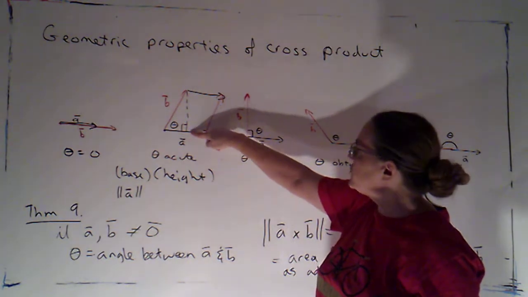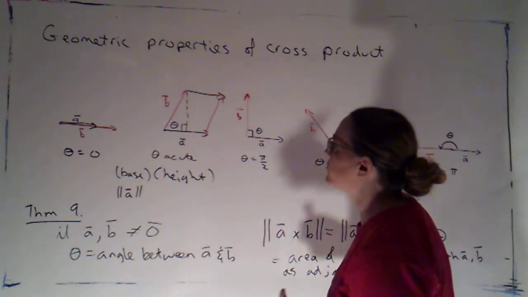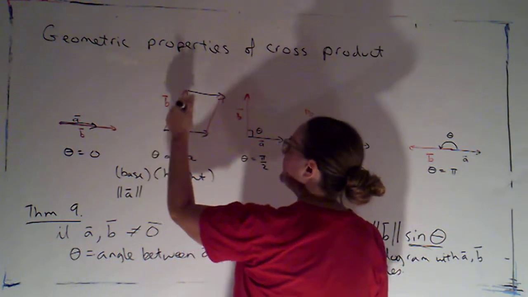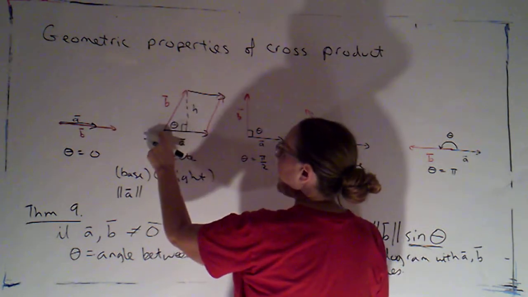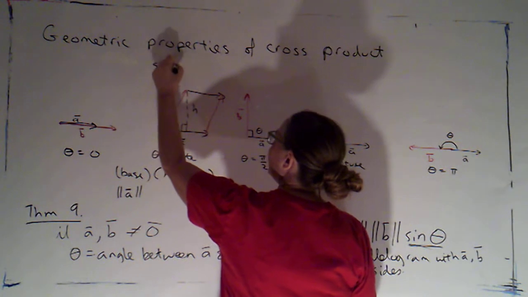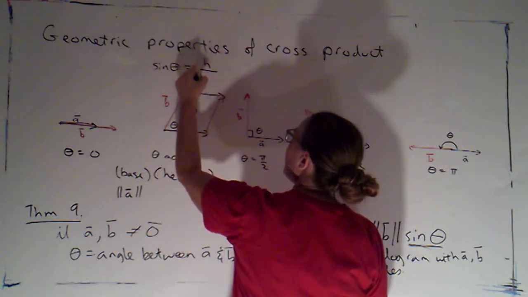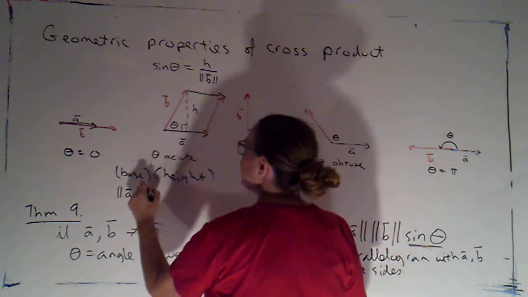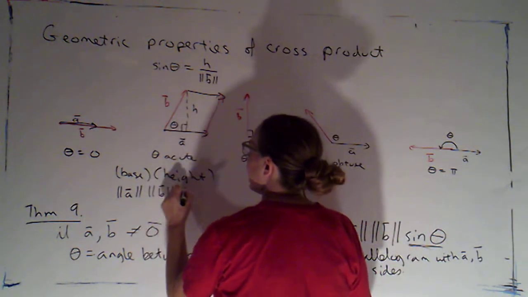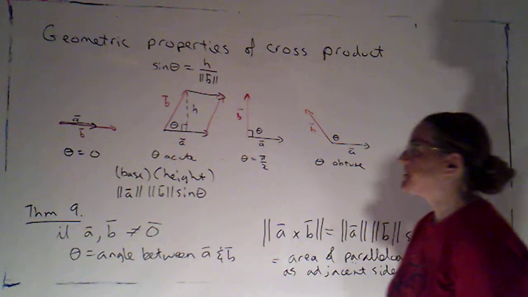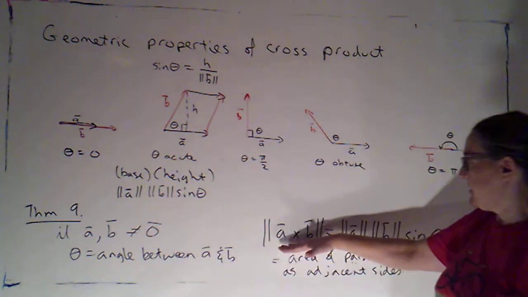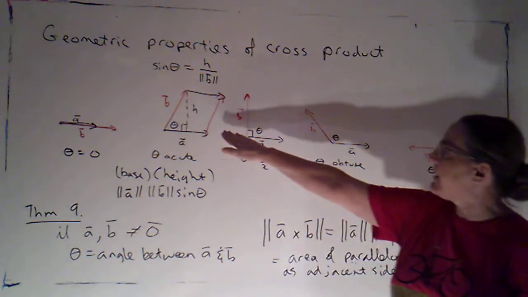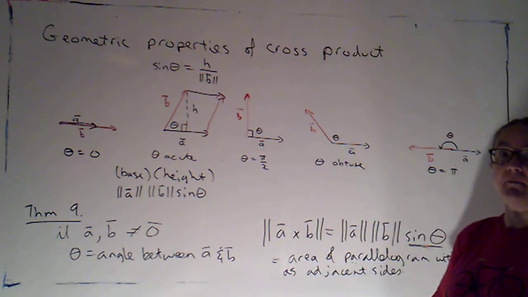But I can then just use right triangle trigonometry, and if I call this H, sine of theta is equal to H over the magnitude of B. So the height would simply be the magnitude of B times sine of theta. So again, the magnitude of the cross product represents the area of that parallelogram.